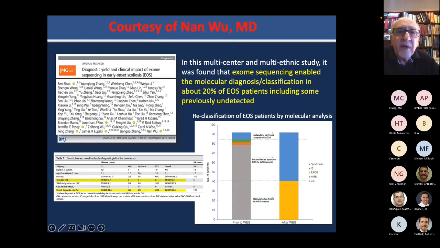And he has found that sequencing enabled the molecular diagnosis in 20% of these patients, including some previously undetected, and was able to help not only the child, but also the family.